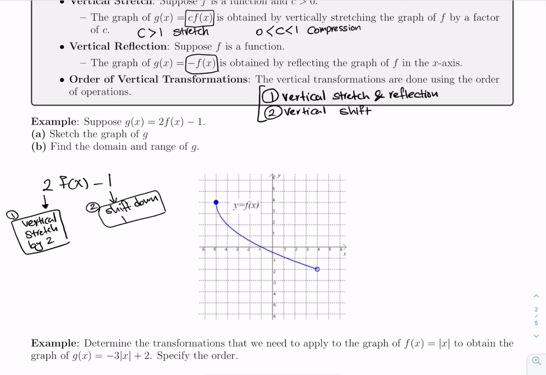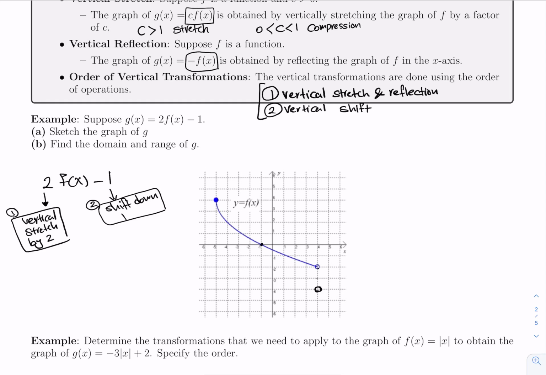So first I'm going to stretch the graph of f vertically by a factor of 2, all y coordinates times 2. So this y coordinate currently is negative 2 times 2 will become negative 4. This y coordinate is 0 times 2 will remain 0.